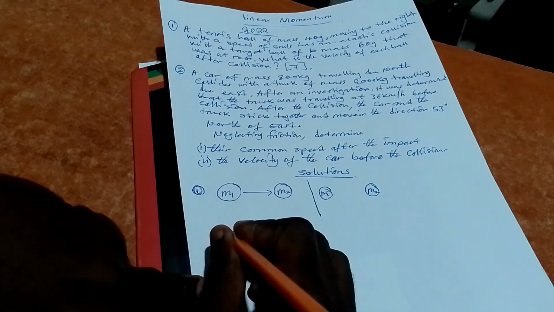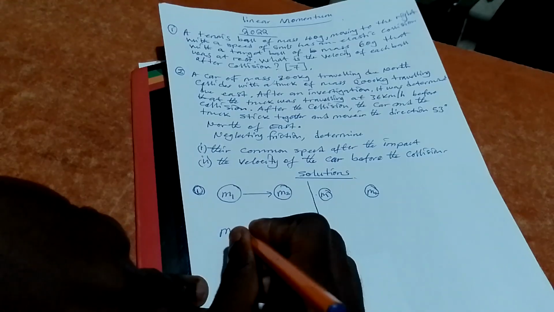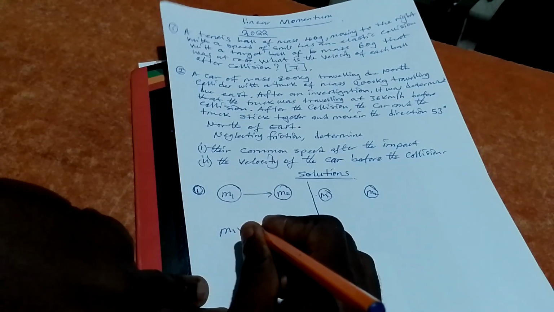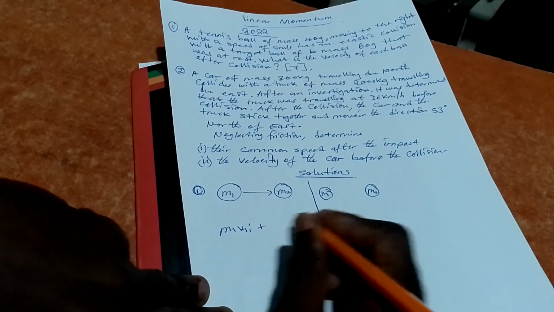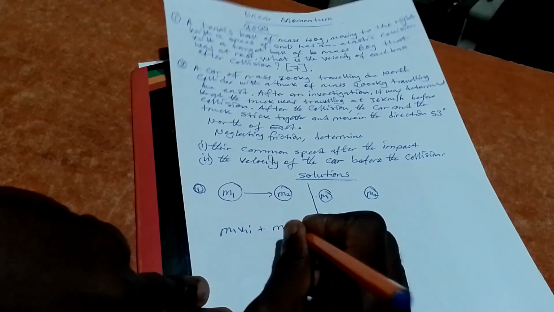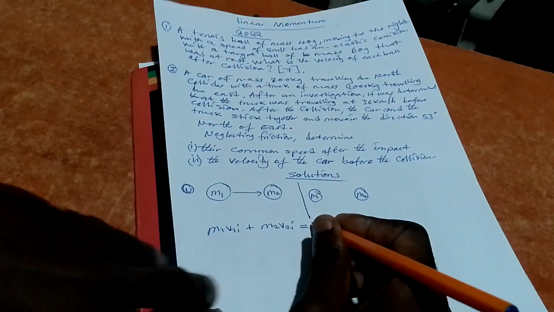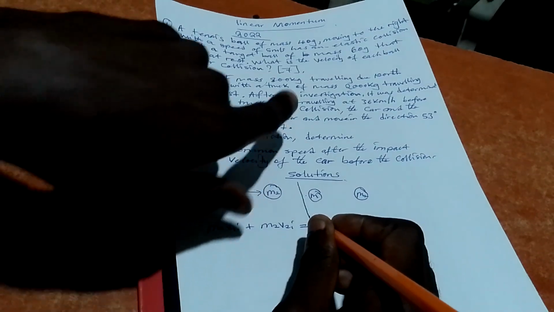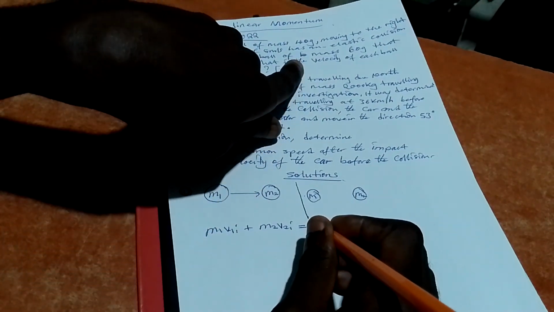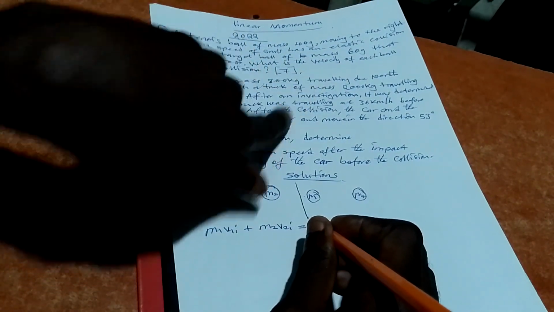We're going to say M1 V1 initial plus M2 V2 initial equals, now we are saying that it underwent an elastic collision.